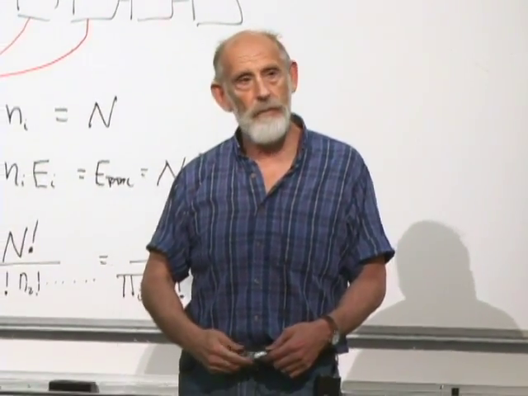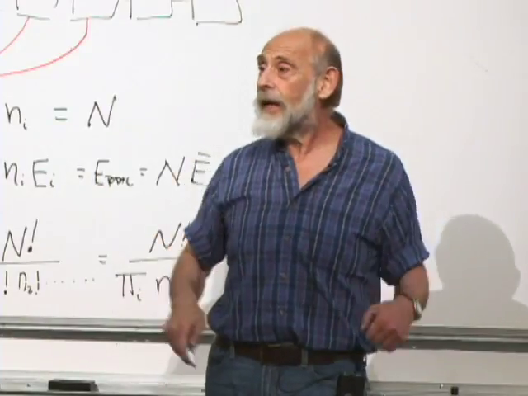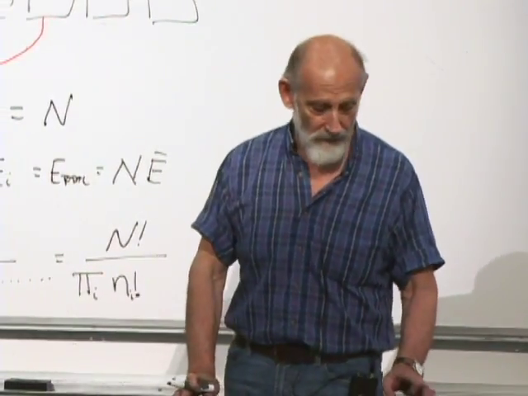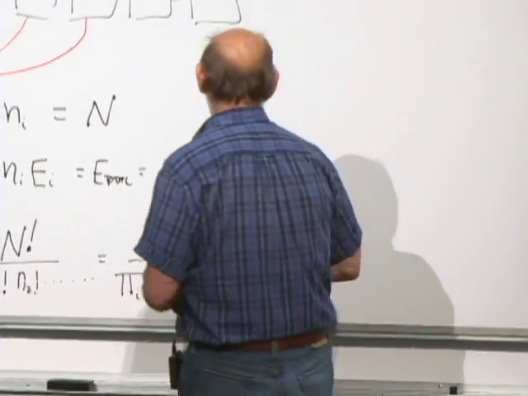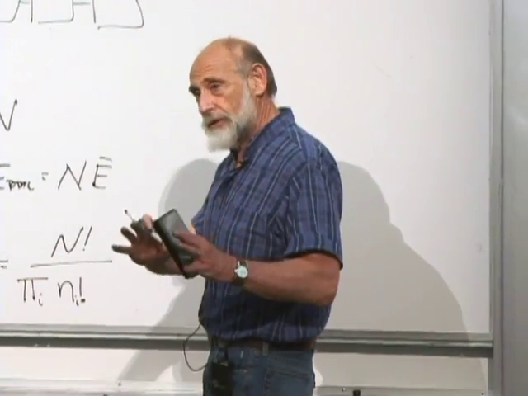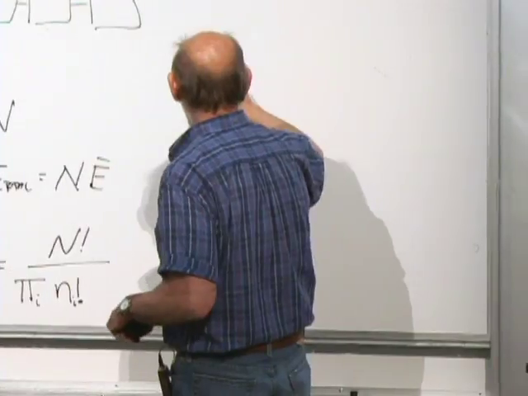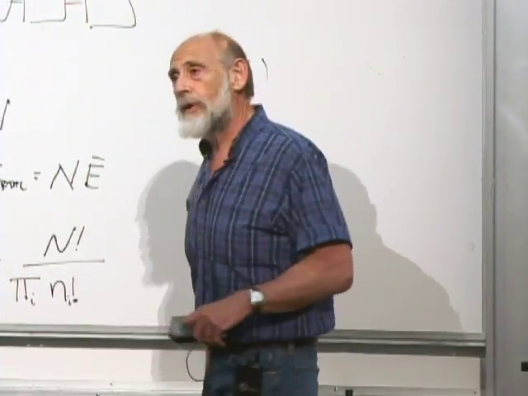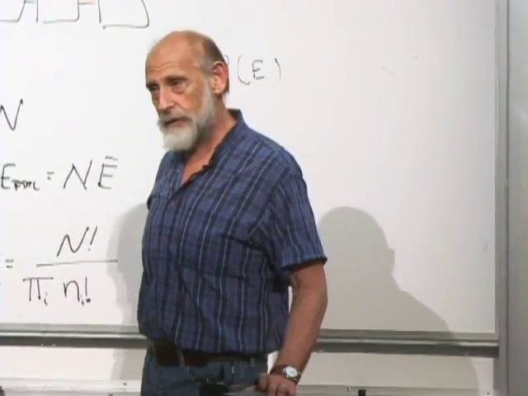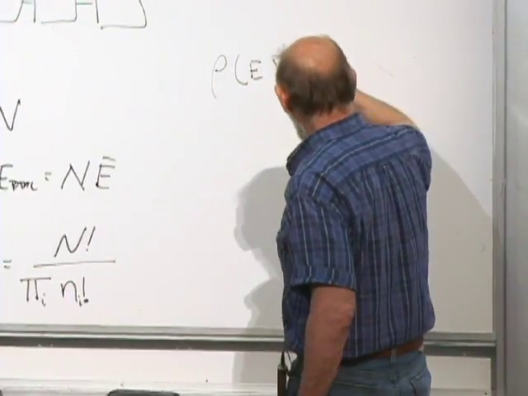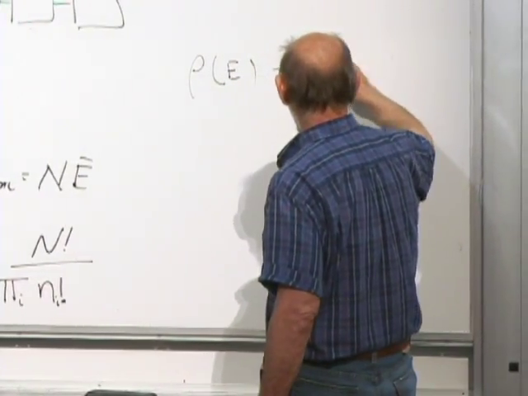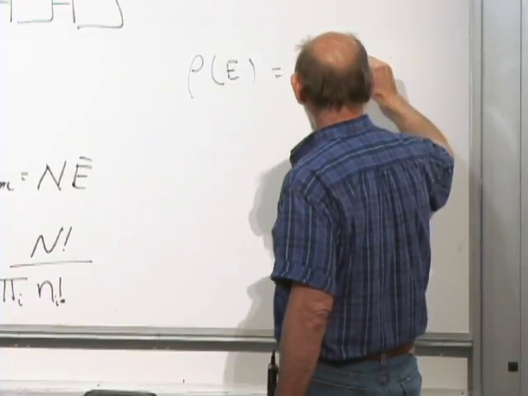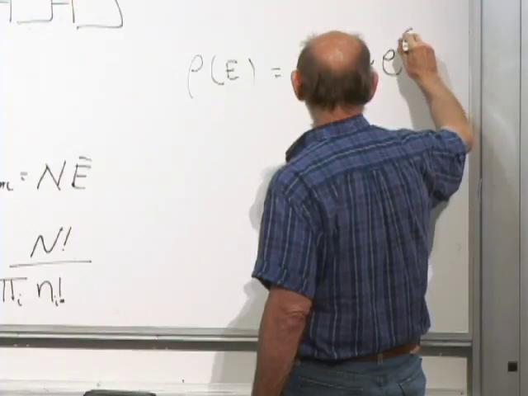That's hydrogen, the lines of hydrogen. I can tell you what it is for a gas. The answer is that the density of states, usually called rho of E, is the number of states per unit energy. It's the number of states, delta N, divided by delta E. That's e to the entropy.